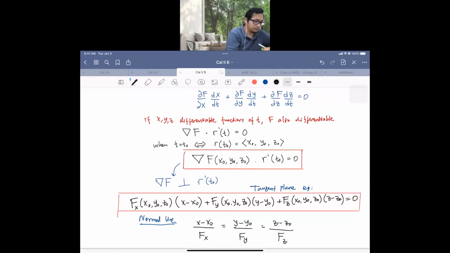So if we have a function of three variables, and we know that we can define the function in terms of a level surface, then at least at some point we can write down the tangent plane.